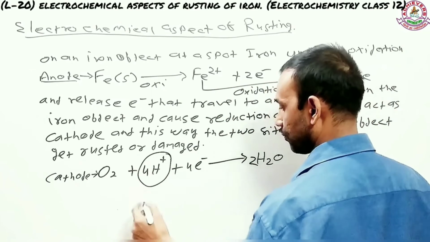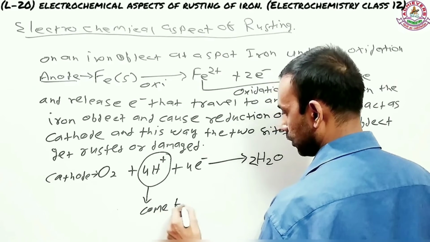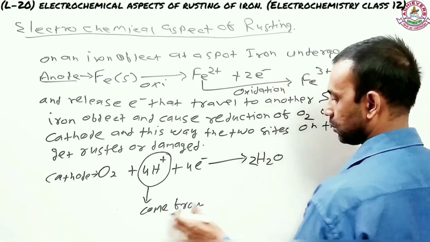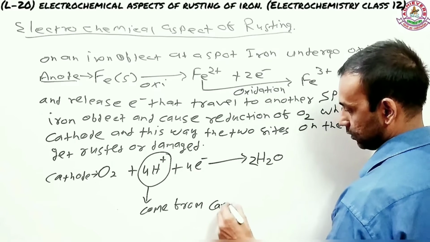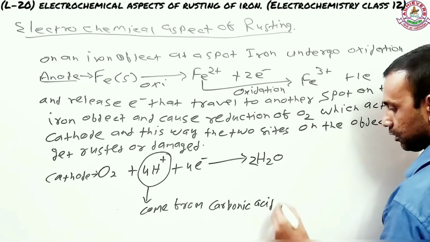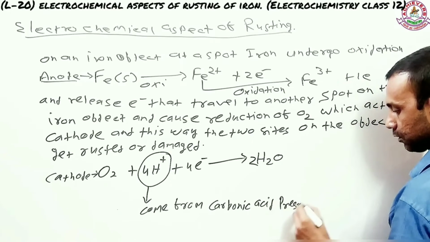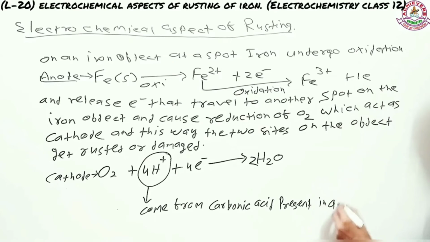This hydrogen comes from carbonic acid present in the atmosphere.